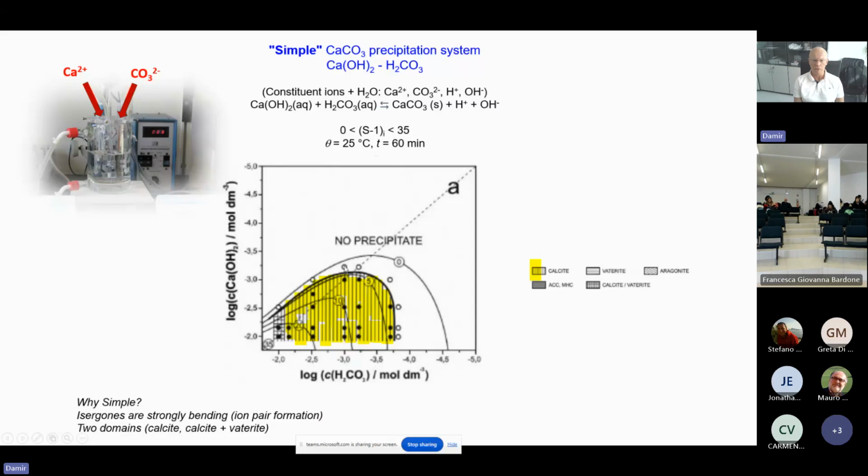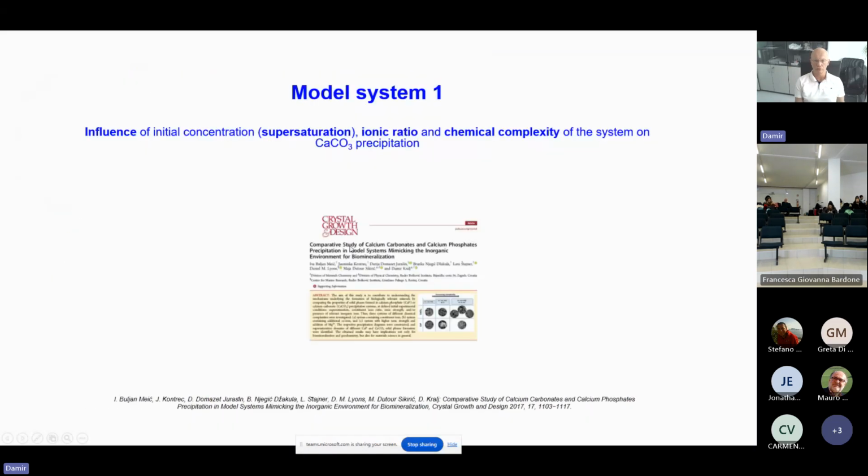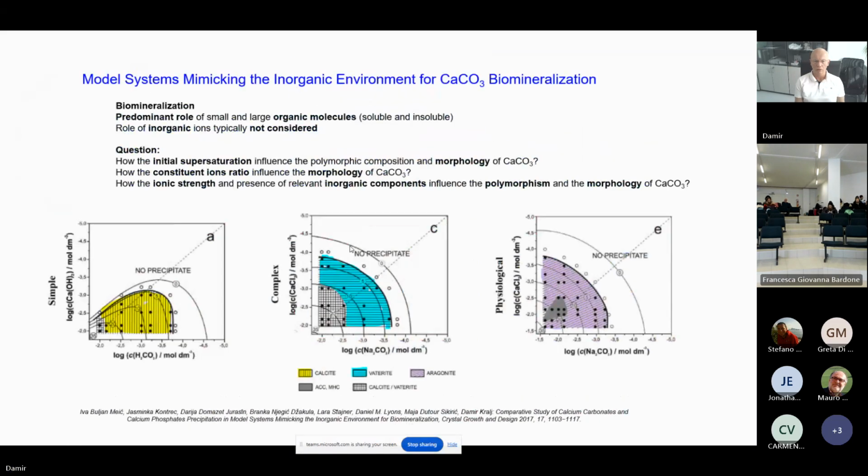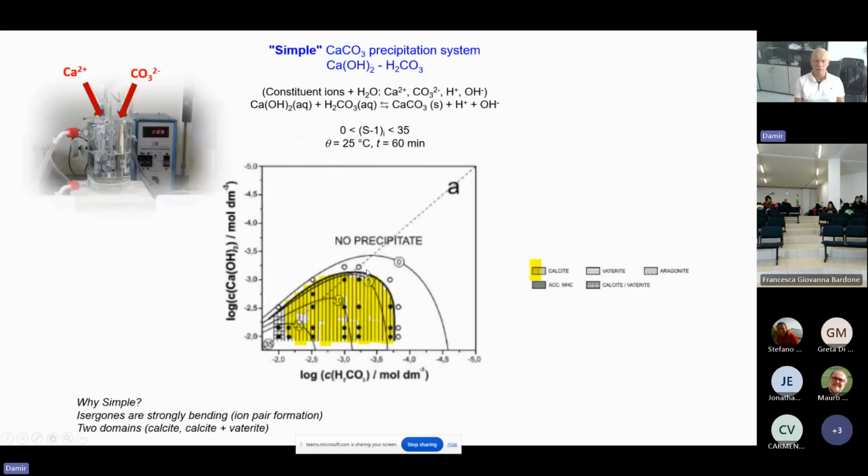You can see on this precipitation diagram some dots, full dots and empty dots. Empty dots indicate that there is no precipitate obtained after 60 minutes. Full dots show we have precipitation. You can also see these isergons, so identical supersaturation, 5, 10, 20, or 35 are indicated.